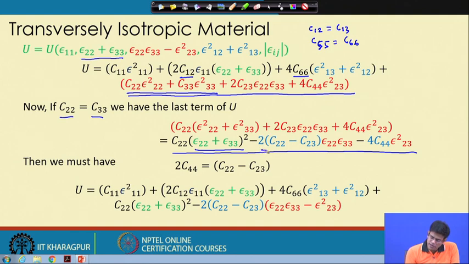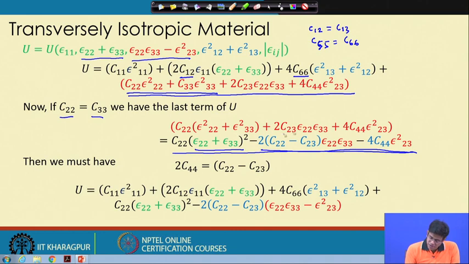And then again this quantity is left. Now you see it comes in the form of this, but we need to change the material constant. If this has to be a form of this, then 2 C22 minus C23 has to be 2 C44.